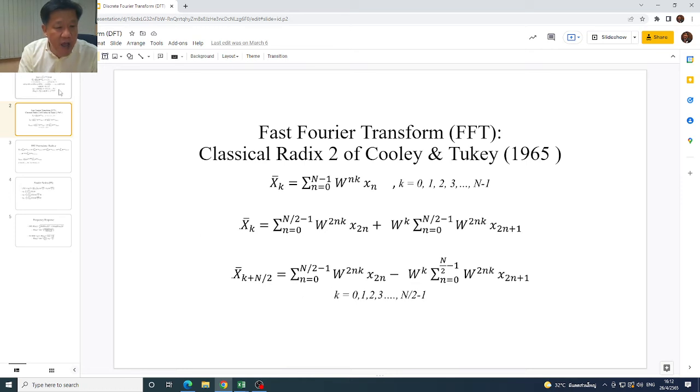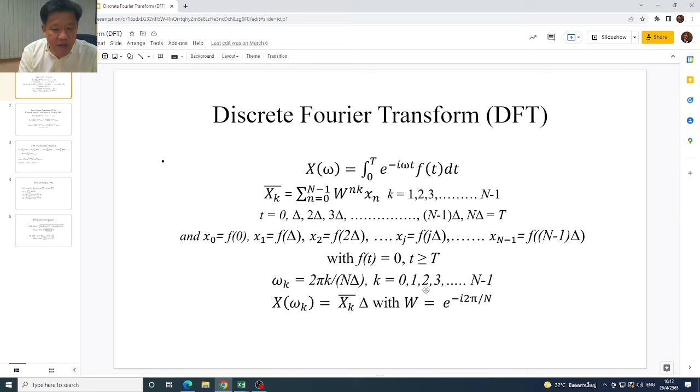And when you apply w with N divided by 2 here, N cancels N, 2 cancels 2, you get e to the minus i pi. That gives cos of pi minus i sine of pi, which is equal to minus 1.